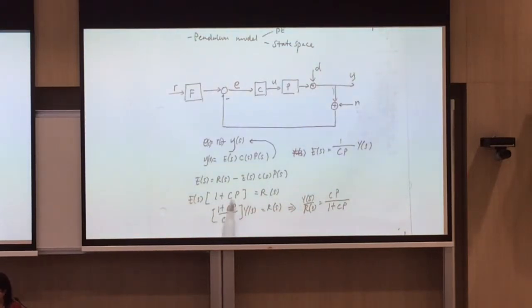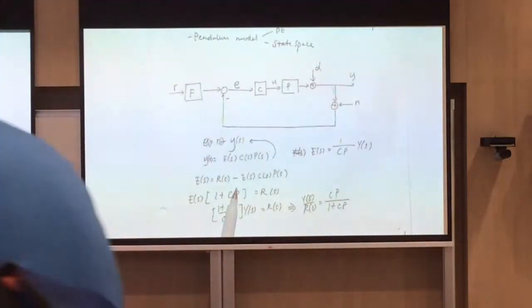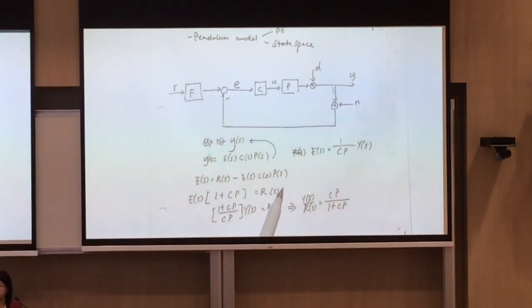Okay? So if you derive the E, E is R minus Y. Your Y is E times C times P. With these two equations, you can work out that E(s) is R(s) minus E times C times P. Look at E(s), so bracket 1 plus CP is R(s).